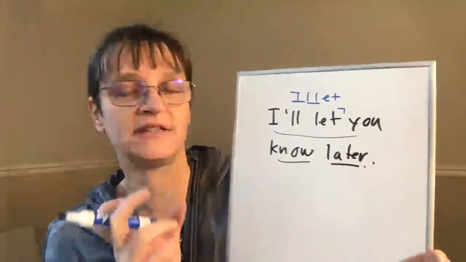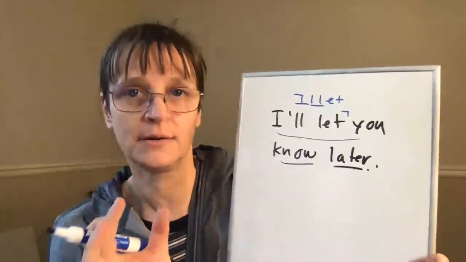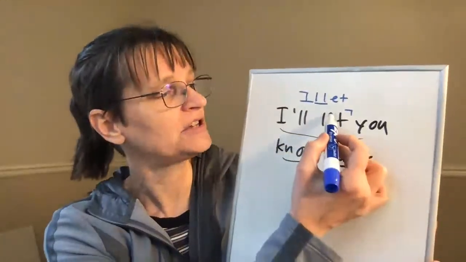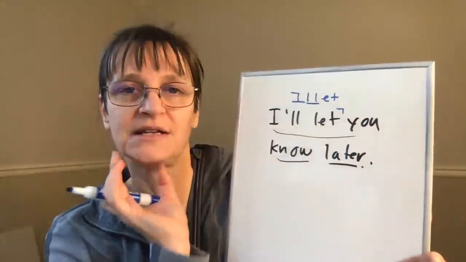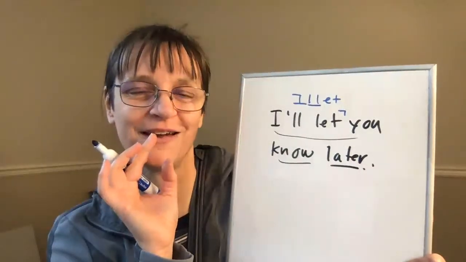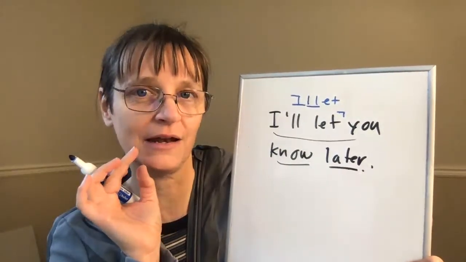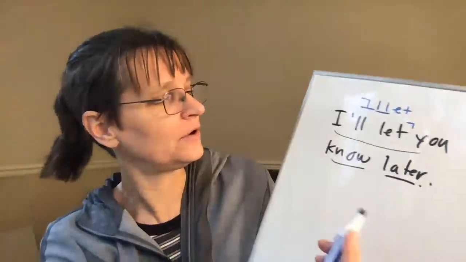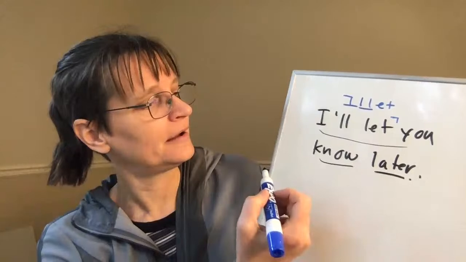I don't really put the T on. So I'll let you makes more of a break. I'll let you. I just stop my E very short. I stop my T either with my tongue going up to stop it, let you, or I stop it further back in my mouth, let you know, later.